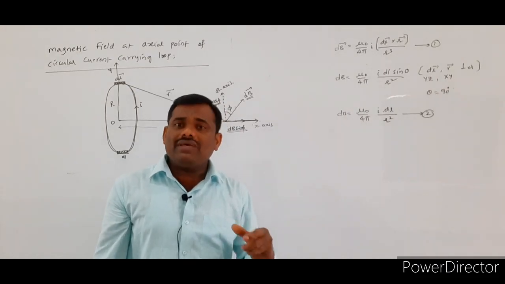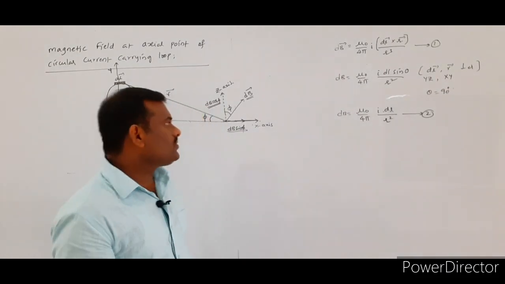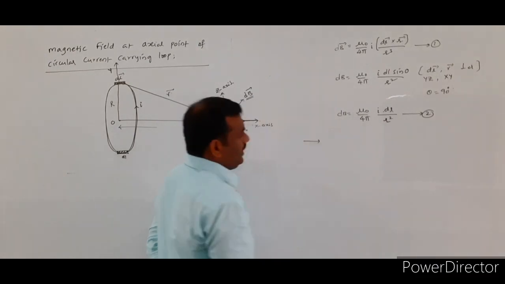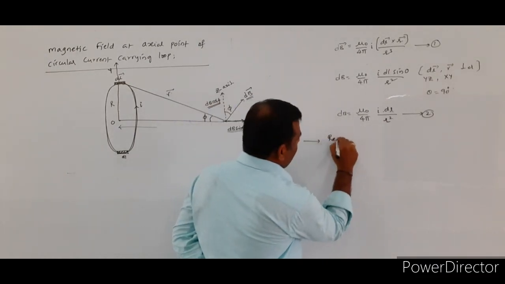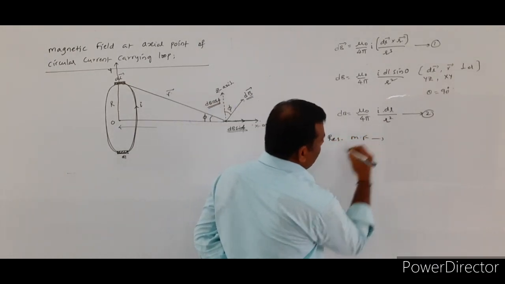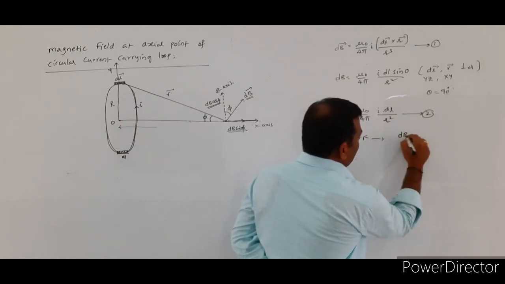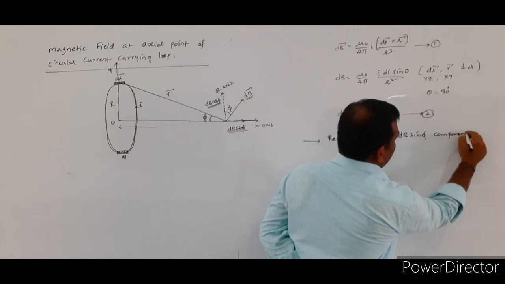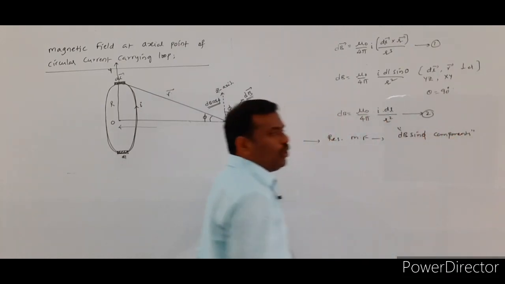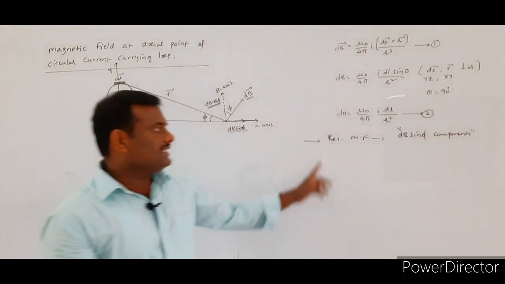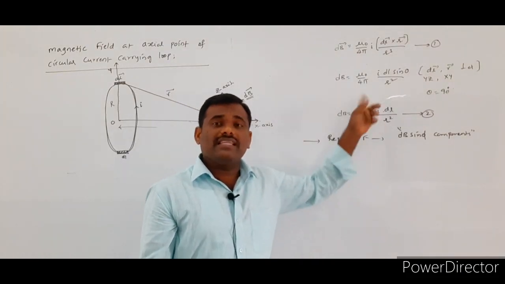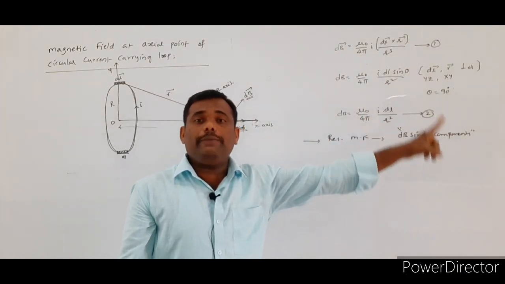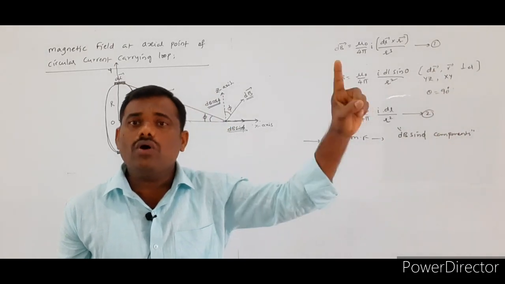Then who is giving the resultant magnetic field? The resultant magnetic field will be given by dB sin phi components only. The resultant magnetic field will be given by the sum of all the dB sin phi components only.